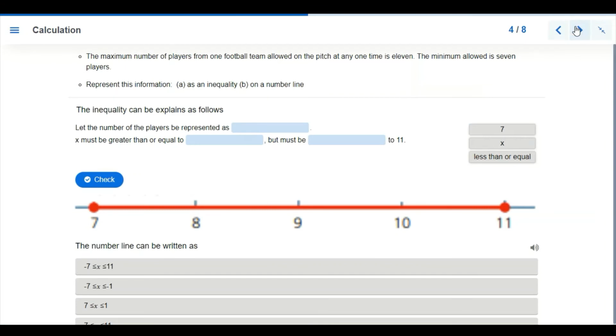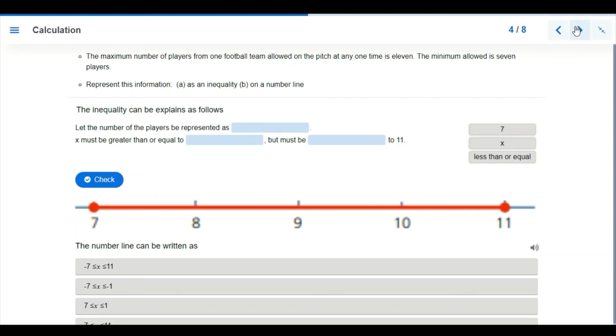Now we have a problem here to solve. Let's read through. The maximum number of players from one football team allowed on the pitch at any one time is 11. The minimum allowed is 7. We have to represent this information on an inequality, and also on the number line. Number line is used to express information, as I said.